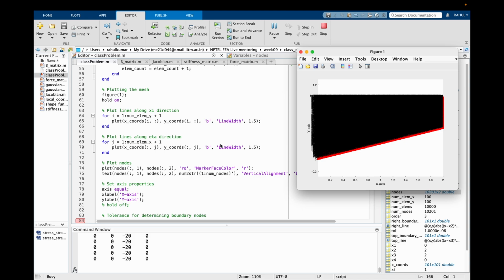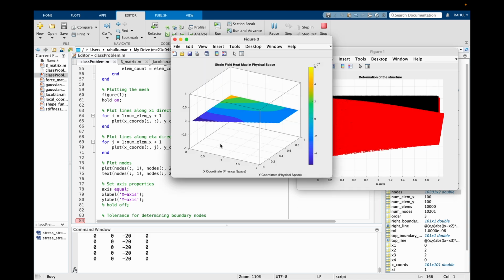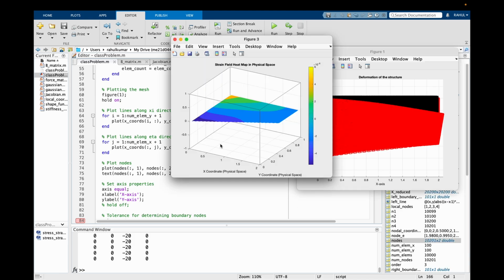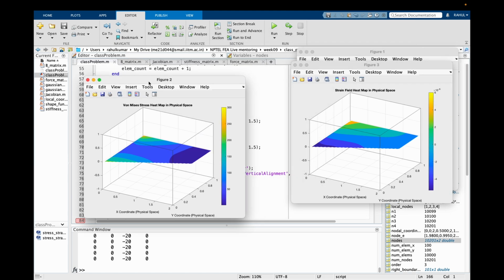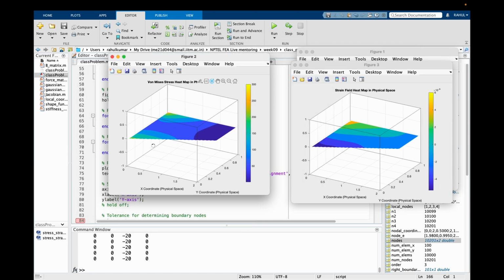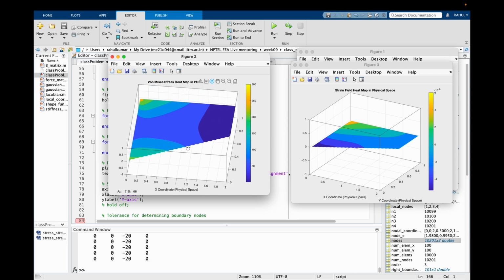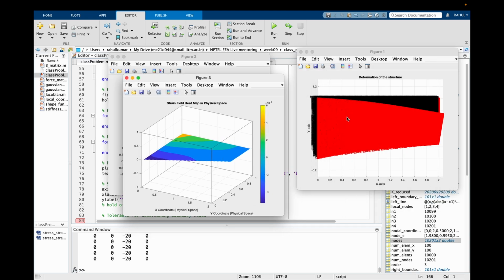So again you can see that this point has the maximum stress, similarly here, and you can see how the part is actually deforming.